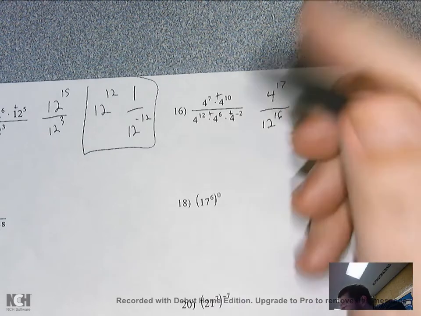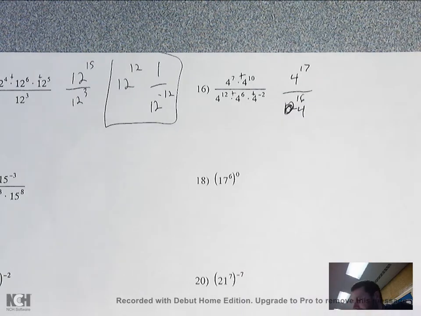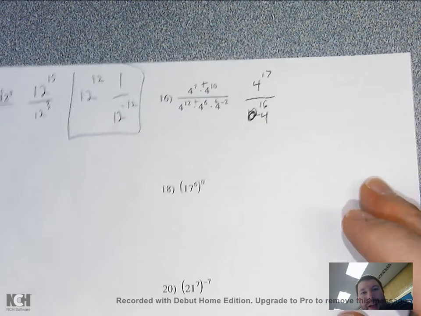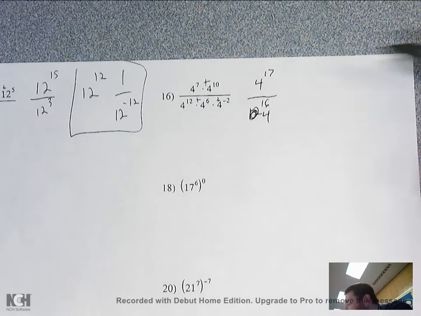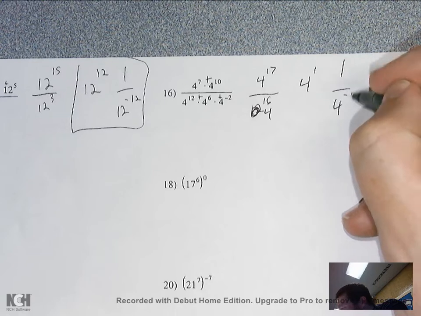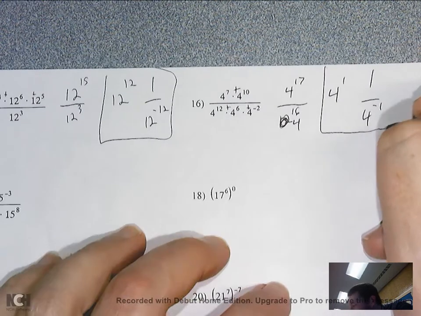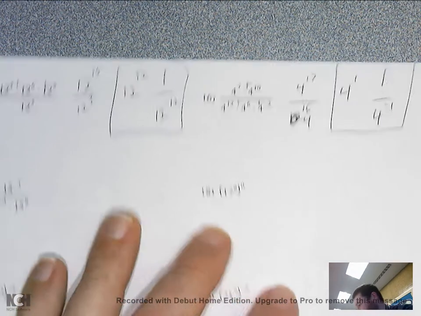Then I do 4 to the 16. Then I do my subtracting, so 17 minus 16 is 1. So I'd have 4 to the 1, or 1 over 4 to the negative 1 power. I could also just write this as 4, but this would have to be negative 1.